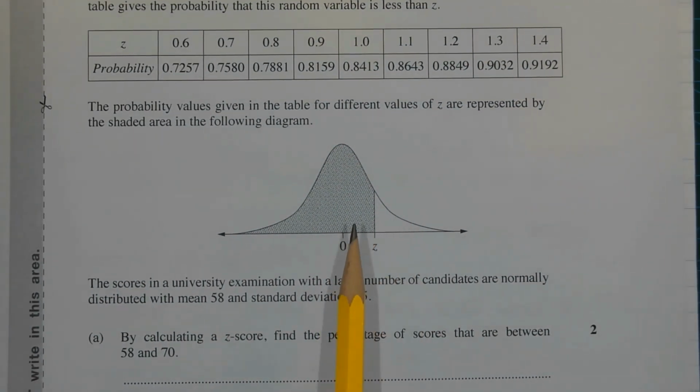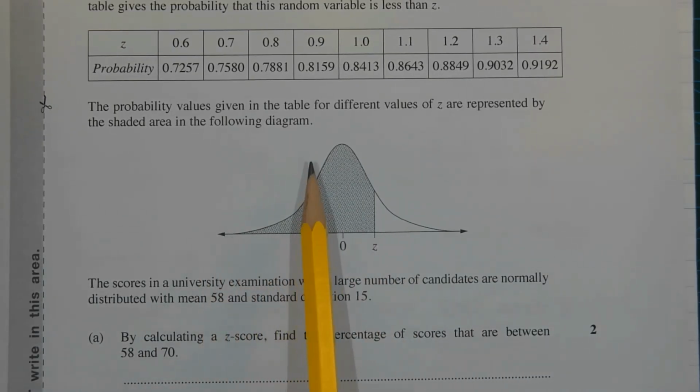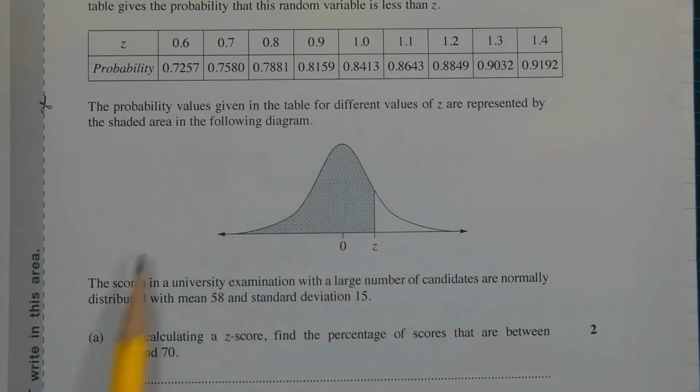So we want the percentage of scores that lie between 0 and 0.8. Now we know from the characteristics of the standard normal distribution, half the scores lie to the left of 0, or a z-score of 0.